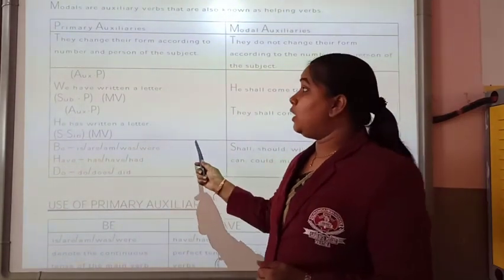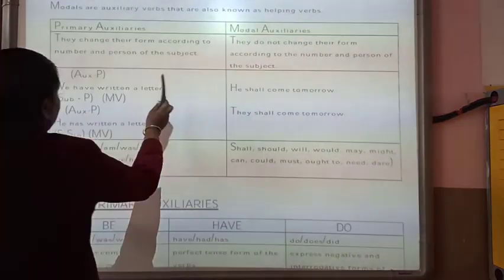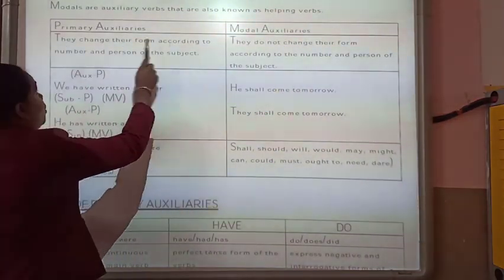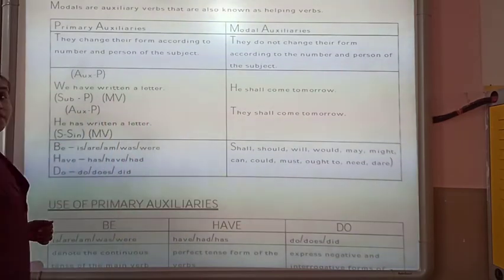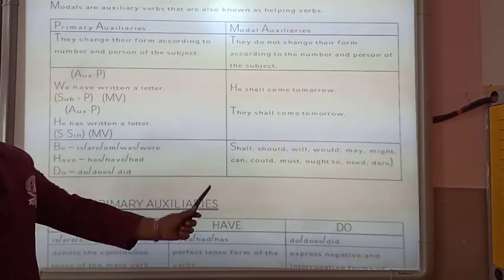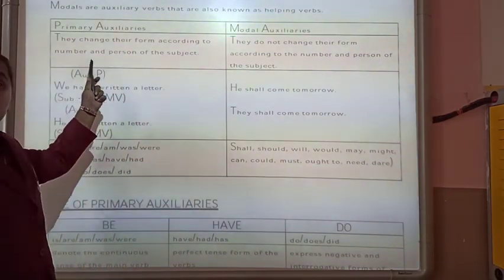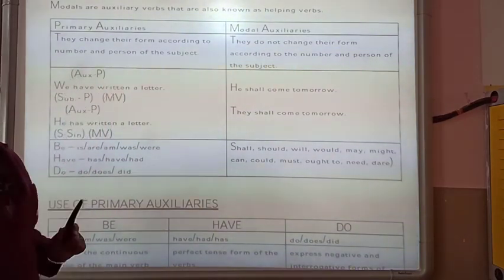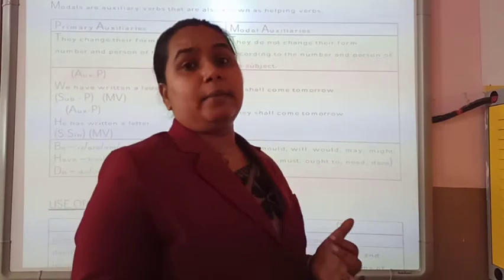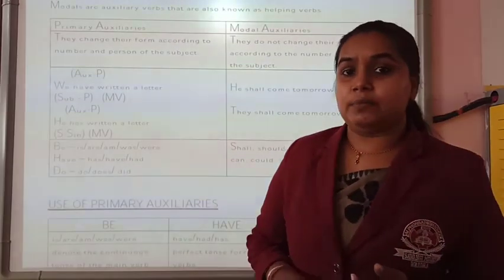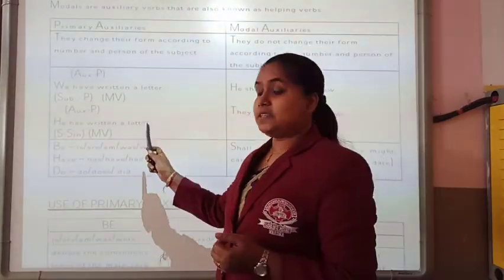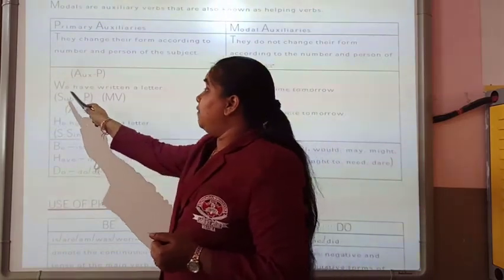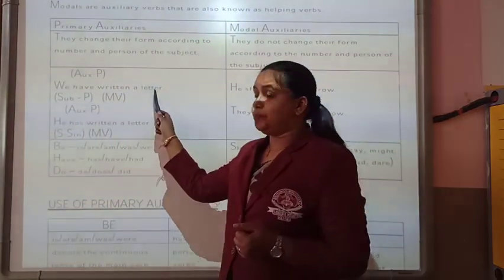Now, what are primary auxiliary verbs? They change their form according to the number and person of the subject. Number means singular and plural, and person of the subject refers to the first person, second person and third person.